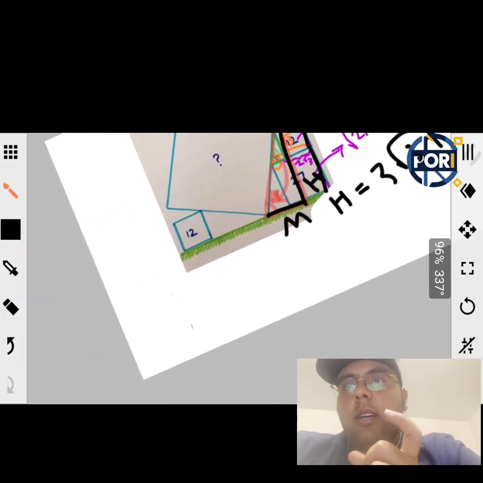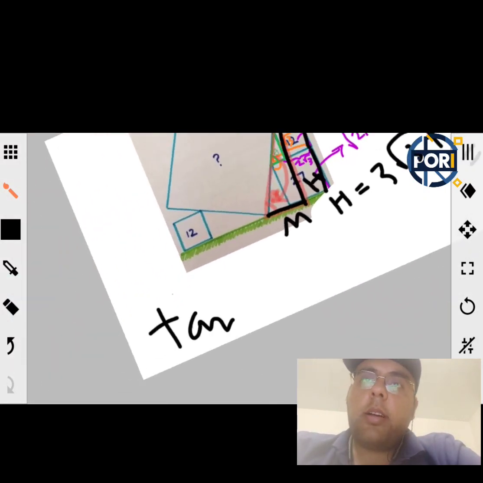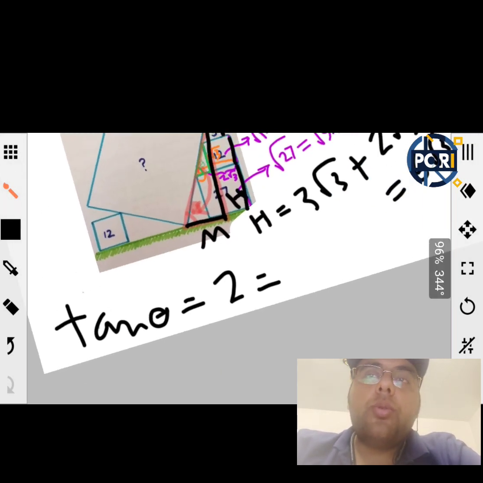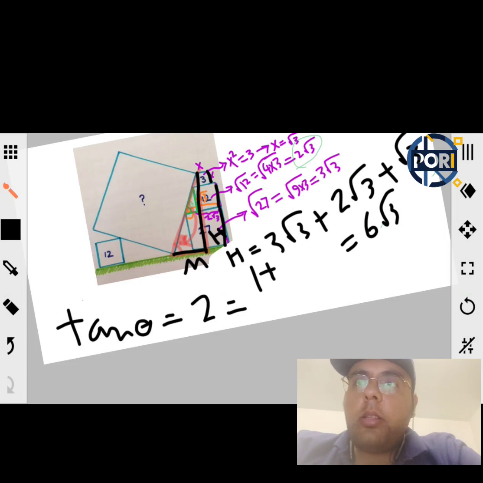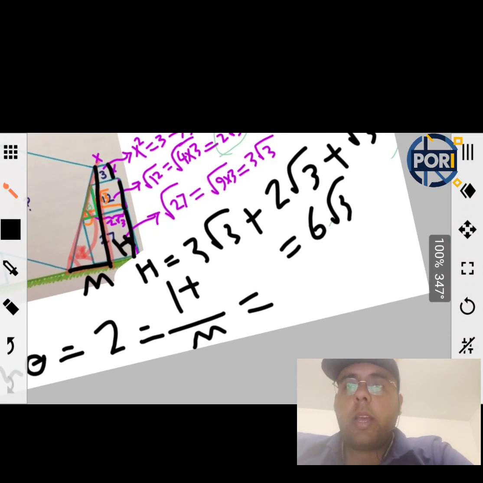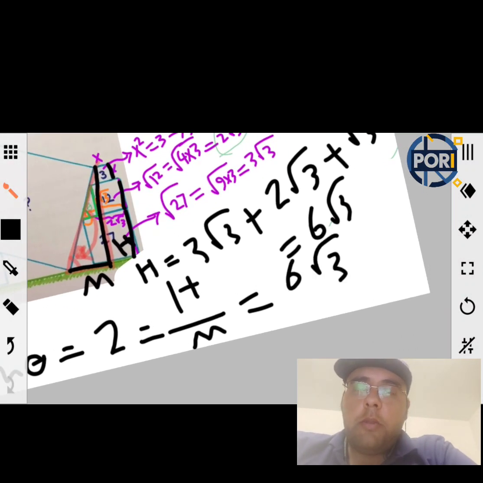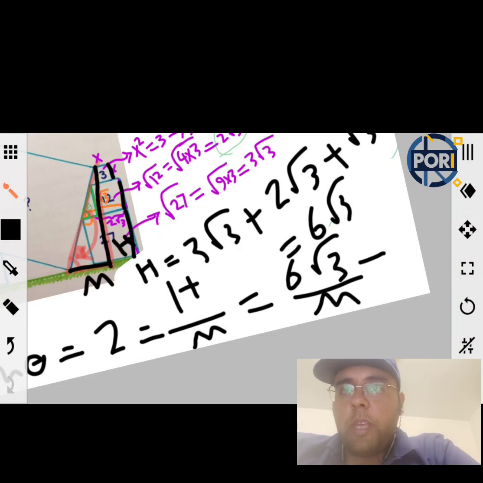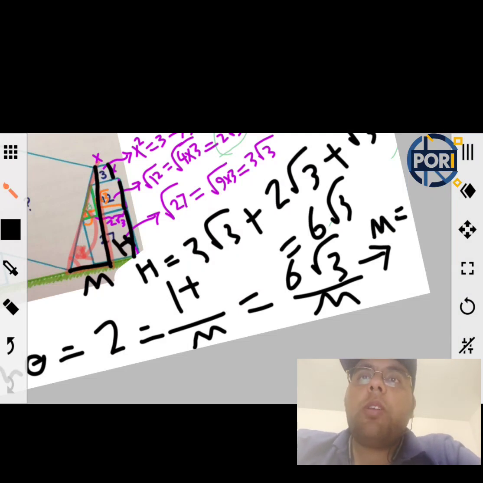For the adjacent side of this triangle, let's call it m. We know that the tangent of theta equals 2. In this triangle, the tangent of theta is equal to h divided by m, and we know that this equals 2. By simplifying this equation, we find that m equals 3 times the square root of 3.